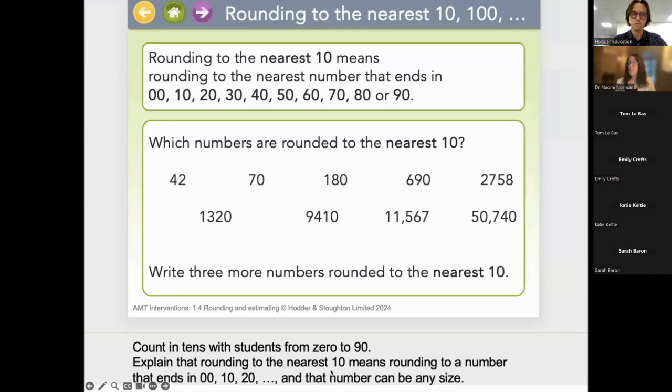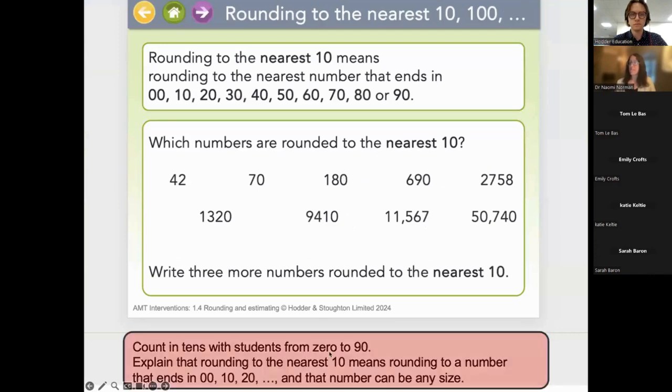And if you look at the slide notes that Tom mentioned before that accompany this slide, you'll see there's a suggestion that to embed this, you count in tens with students from 0 to 90. And then you explain the digits on the end of a number rounded to the nearest 10, and then that the number can in fact be of any size.